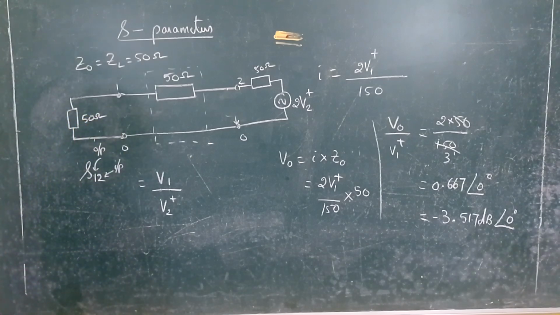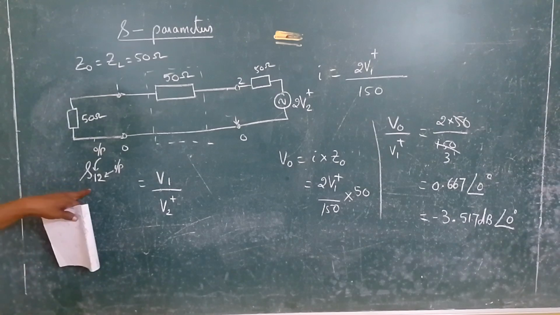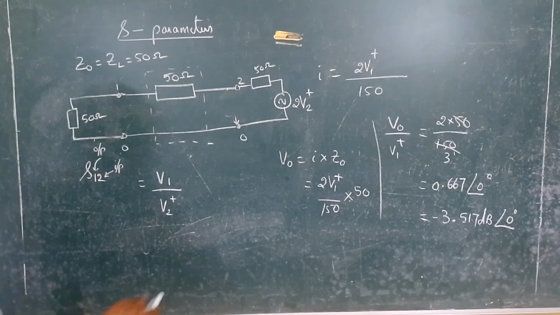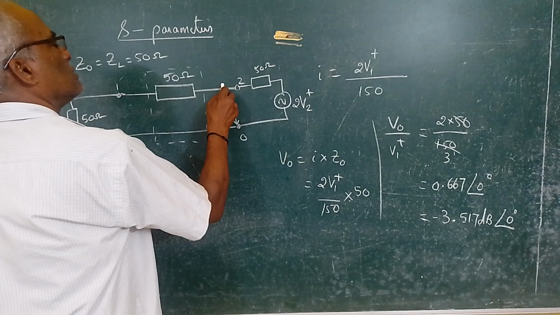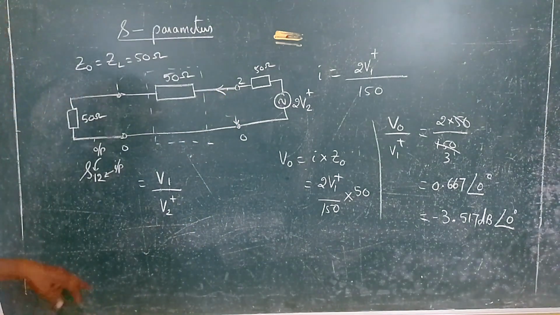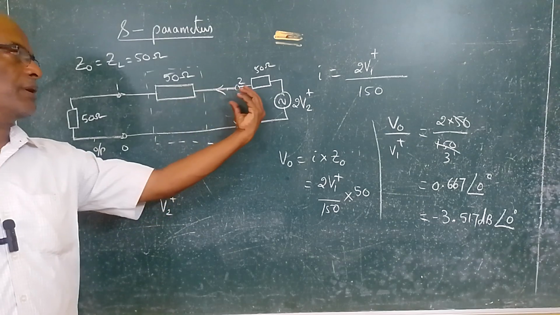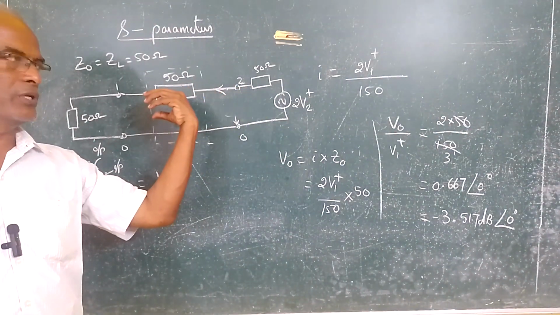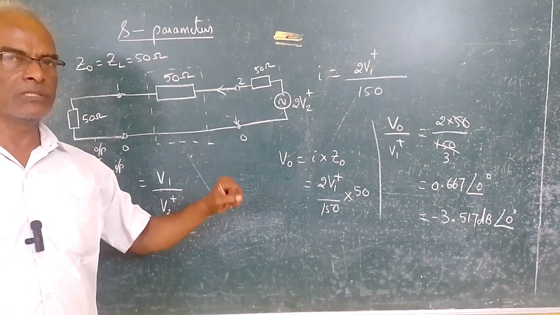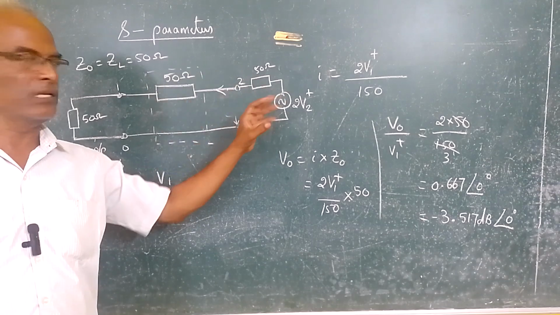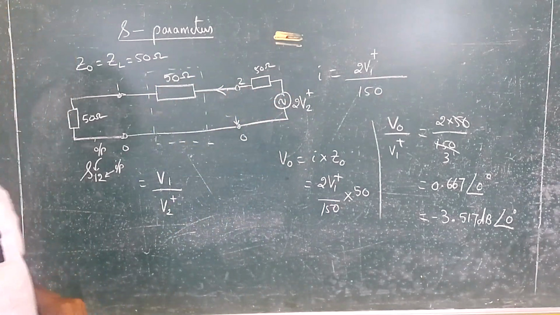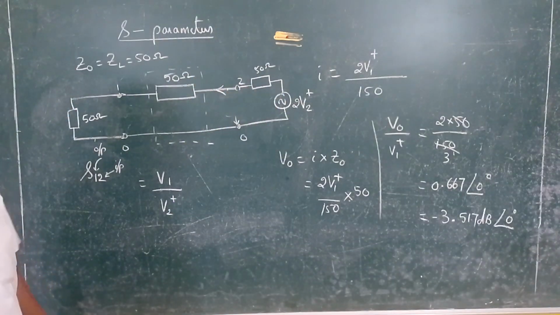Okay, so this is the scenario for S12. Now the current is driven like this. Here one thing you must note down, V2 plus means the current is incident or power is incident to the two-port network. If I put minus, it means it is getting the reflected back signal from the two-port network. That's the meaning. So we will solve for this.